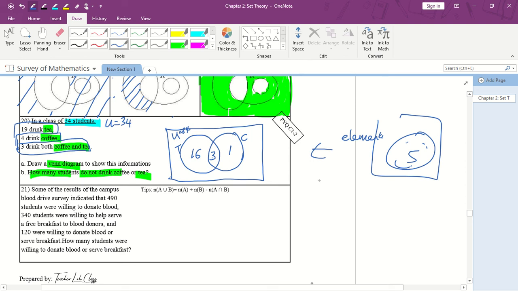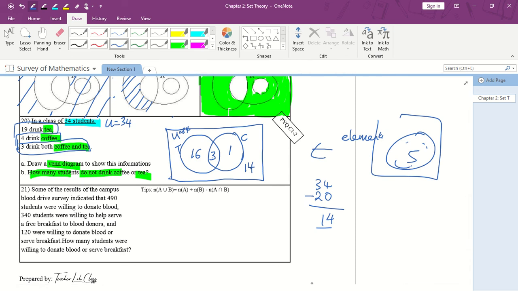So you must use 34 minus 16 plus 3 plus 1. 16 plus 3 is 19. 19 plus 1 is 20. So you know that there are 14 outside of set T and set C.